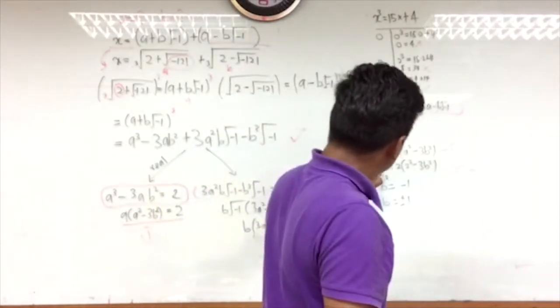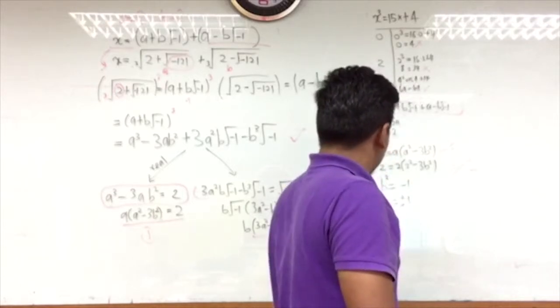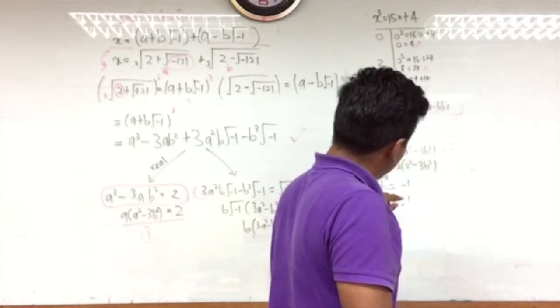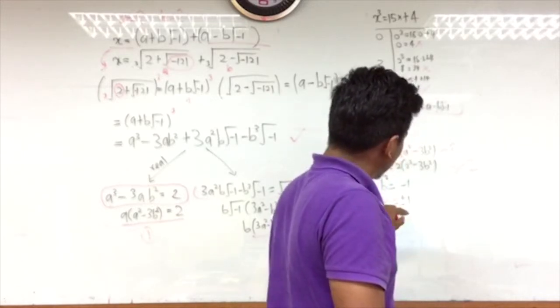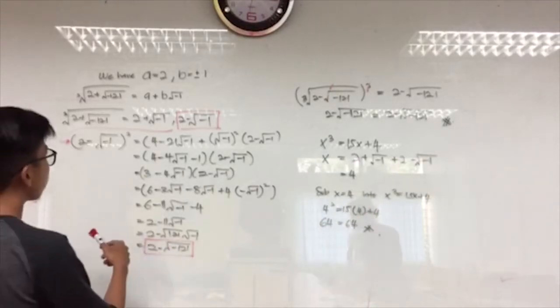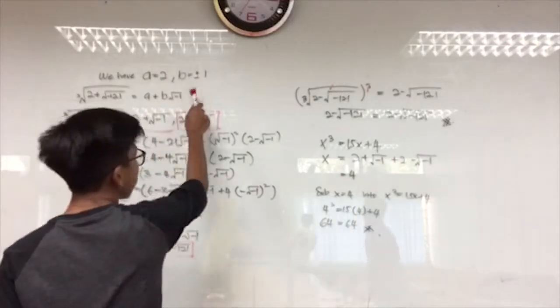After solving our equation, we get b squared equal to 1, because for b squared we get a positive and negative value of 1. So from the previous equation, we get a equal to 2 and b equal to plus or minus 1.